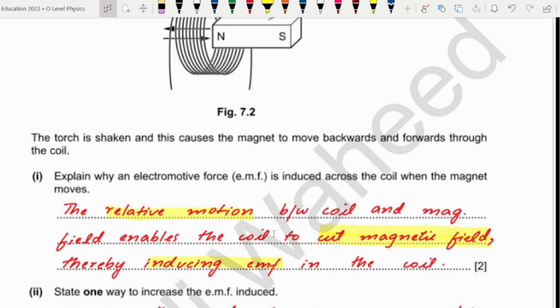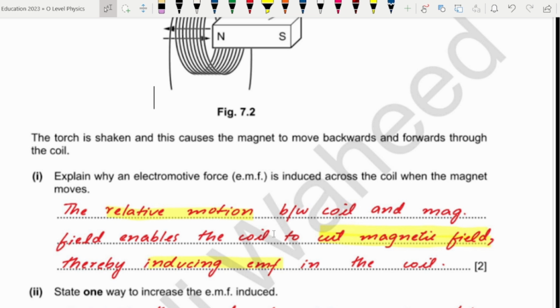There is relative motion between the given things, which in this case is between the coil and the magnet. One of them has to be a magnet, and the second one is generally a coil, but a coil can be in different forms. So whenever there is relative motion between the coil and the magnet, the coil cuts the magnetic field, thereby inducing EMF in the coil.